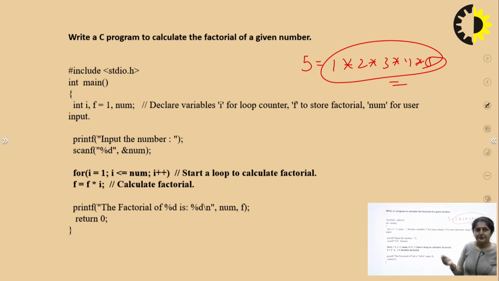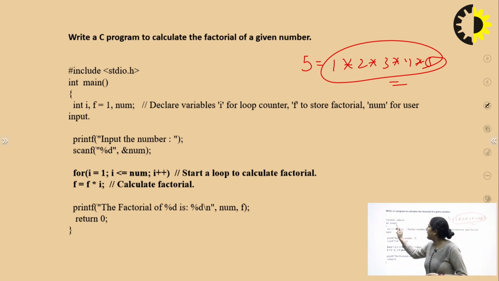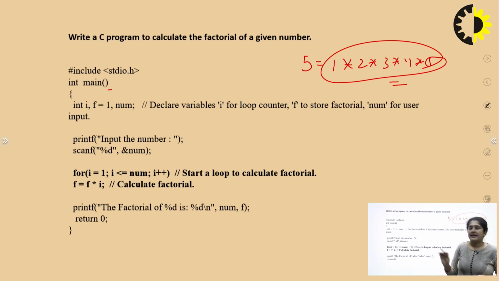Firstly, see, int main we have initialized. Now we need one variable for declaring any number we want to execute. This is user defined, so we are taking the input from the user. So we will declare int i.